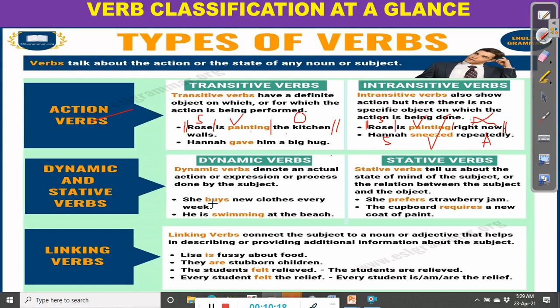They can be used in all the tenses, including the continuous tense. You can say someone is buying something in the market right now. All right, so that is a dynamic verb.